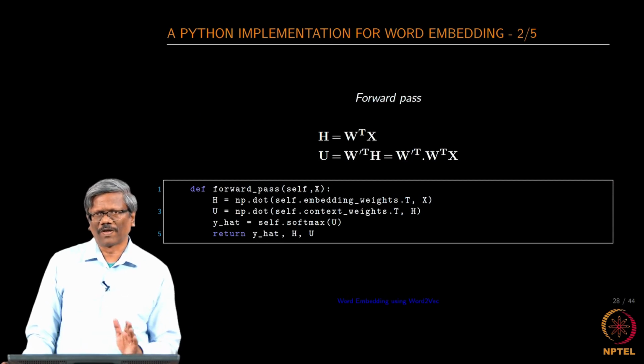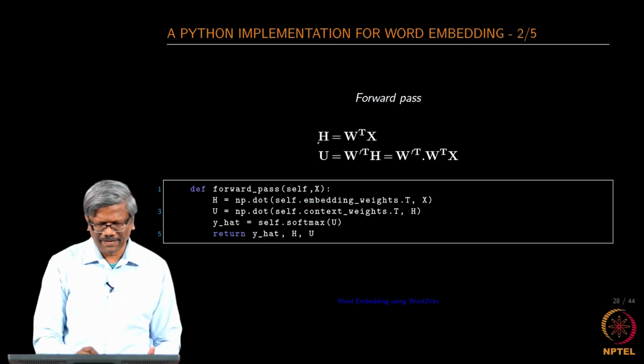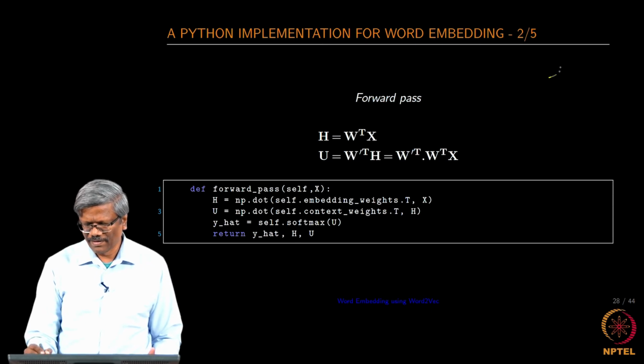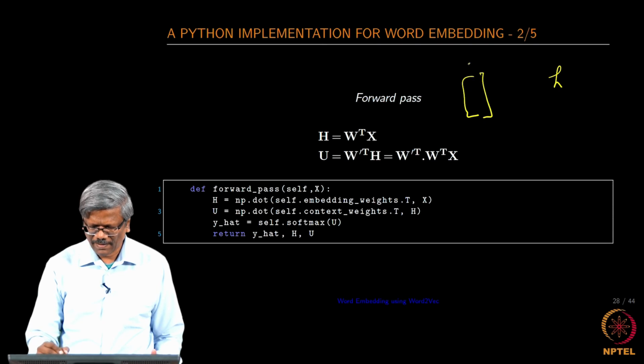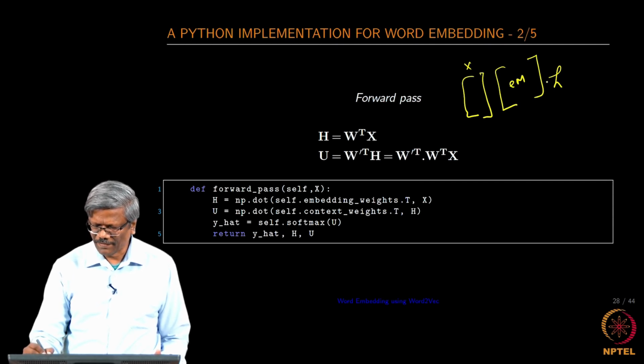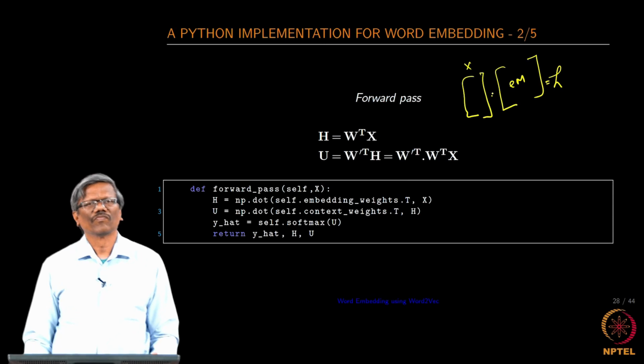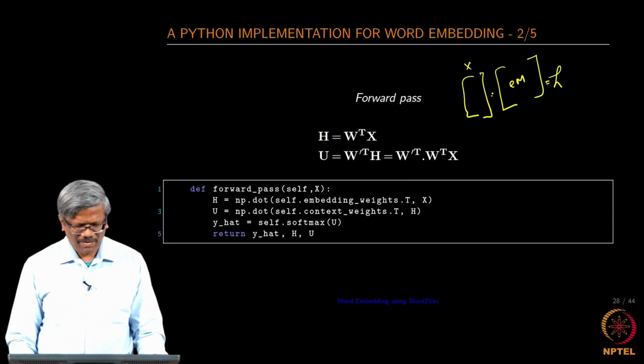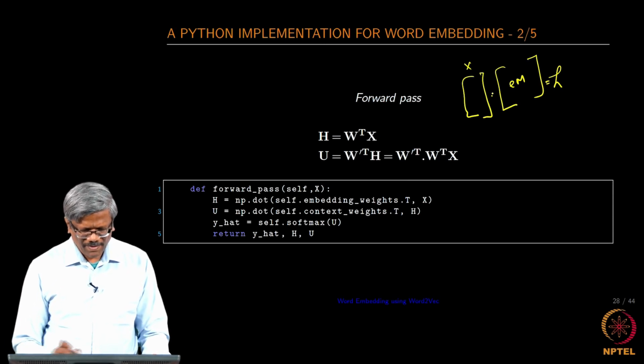So, what is the forward process? We know that we need to identify the H. So, we have our X here, okay, and then we have our embedding matrix, and then we need to find the hidden values. Okay.